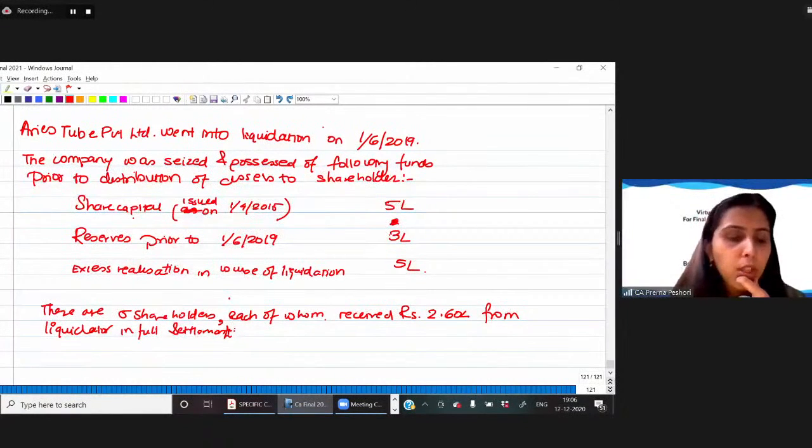EFOS is correct. What about capital gain, Ambika? Jayashree Lakshmi. Yes, perfect.